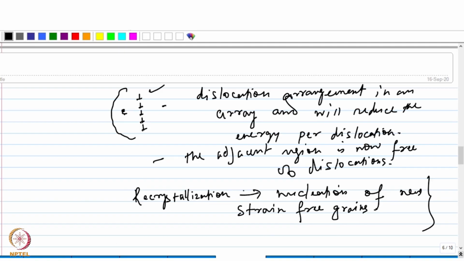So if you want to recover them, you need to actually nucleate new grains which are free of strain. Okay? So that is the process known as recrystallization. And there is a particular mechanism by which the new grains can form.